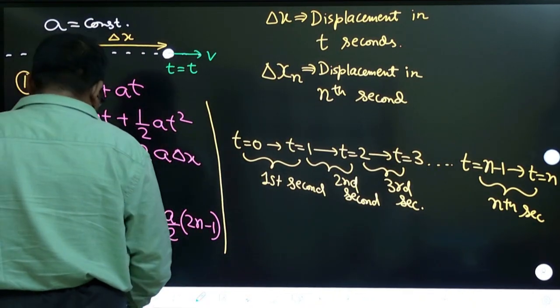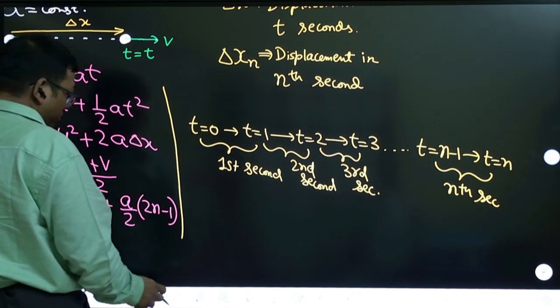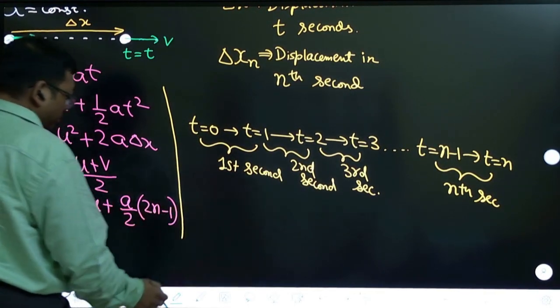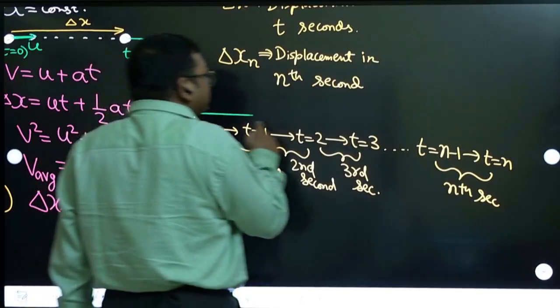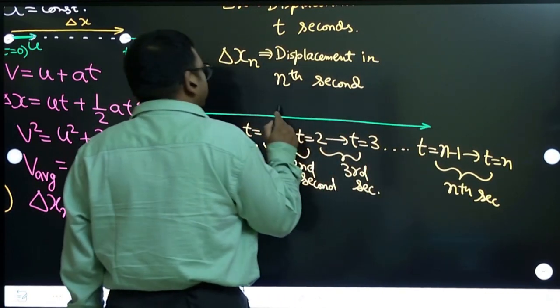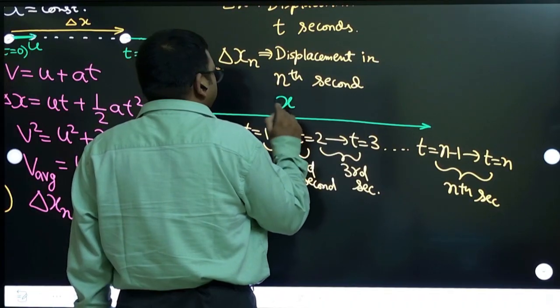And you can derive it. See, we will derive this, so that you don't have any confusion. So displacement in n second will be what? This will be displacement in n second. Let us write this.